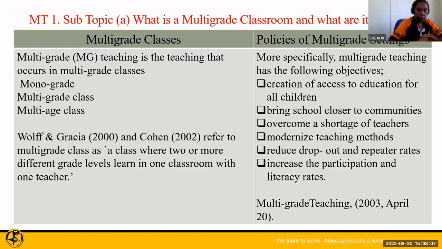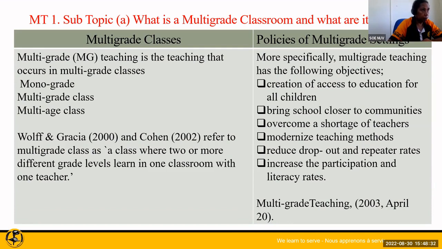On the other side, we have policies of multigrade settings. As you may have noticed, in regard to the policies of education in our country, there is no specific multigrade policy. So we're just bringing in the objectives of what exactly we are talking about when we look at the multigrade setting.